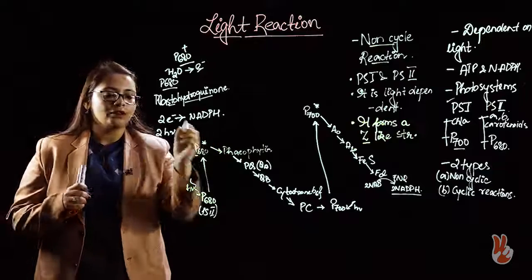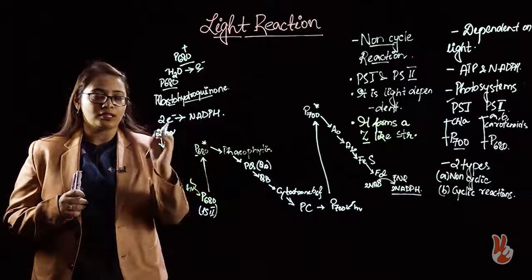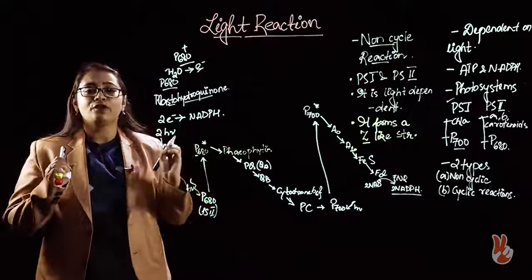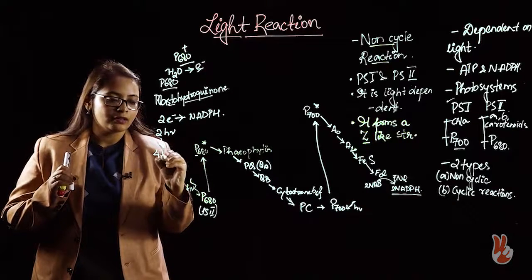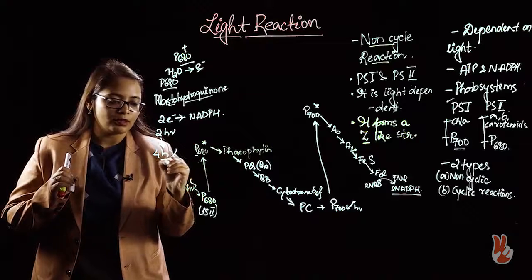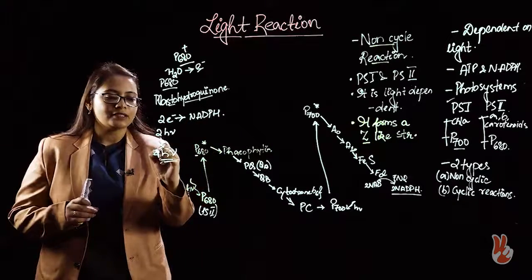So if you calculate from here, to generate 2 molecules of NADPH, each photosystem will have to absorb 4 packets of sunlight or energy.